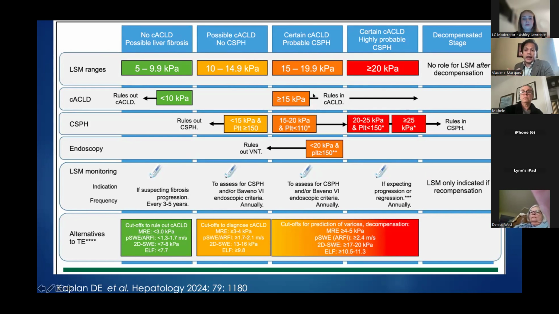So I would say that anyone that has advanced chronic liver disease, due to the subtleties of the evaluation, should be managed by a hepatologist, a gastroenterologist, or an internal medicine doctor who has training in liver disease.